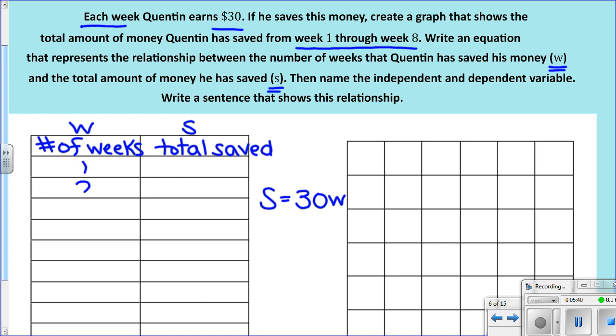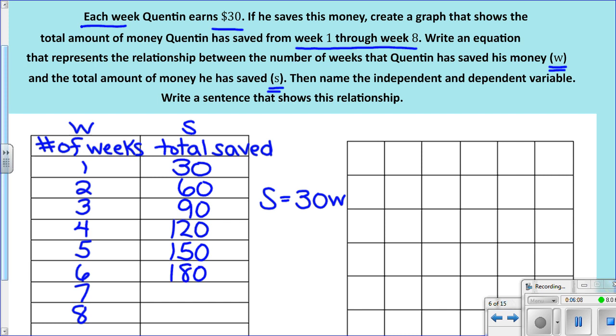Number of weeks, they told us that we wanted to go for the weeks 1 through 8. And then I'm going to do the math in the equation. 30 times 1, 30 times 2, 30 times 3, 30 times 4, 30 times 5, 30 times 6, 30 times 7, 30 times 8.